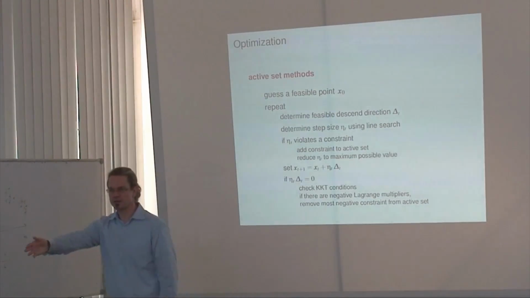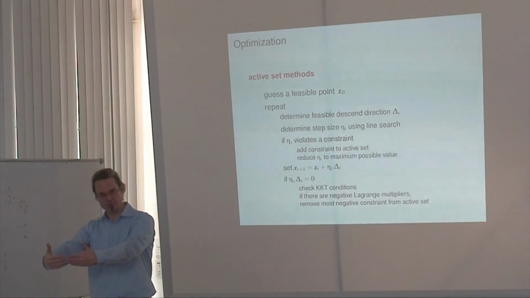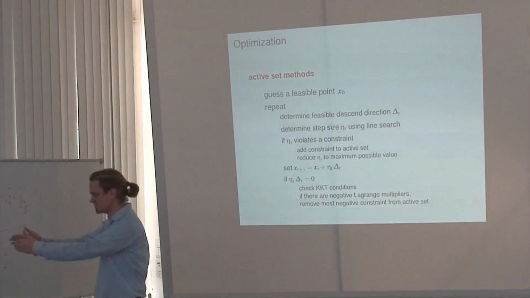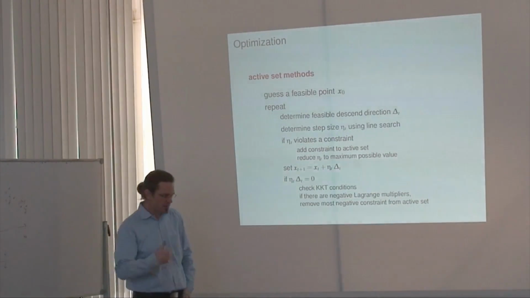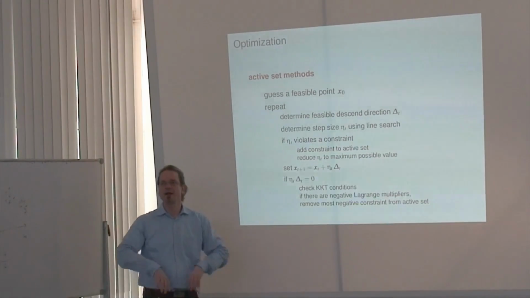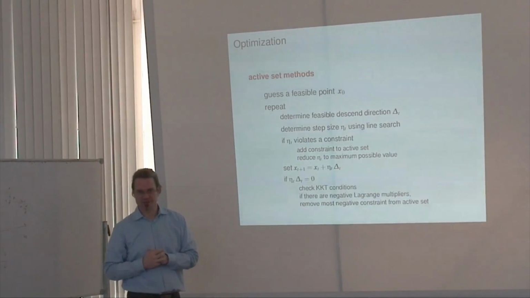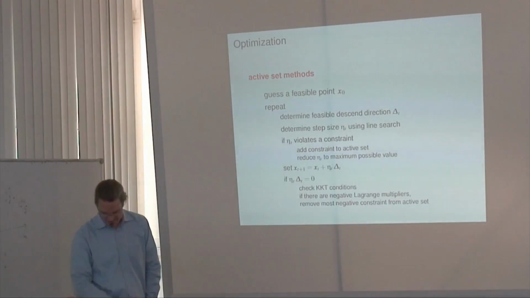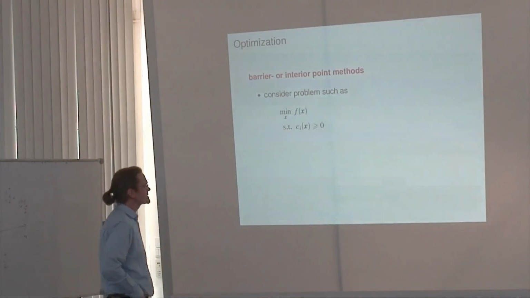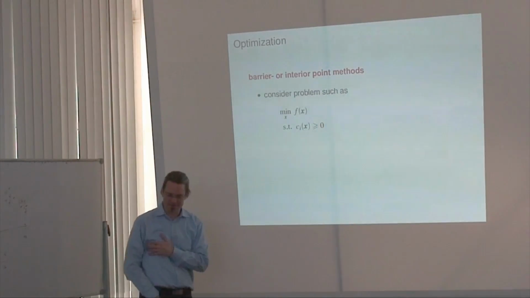We walk along gradients until we hit the next constraint surface. And then we have to walk in some other direction until we hit the next constraint surface. Whenever we hit a constraint surface, our set of active constraints grows. This is why it's called active sets. And that's that. Let's keep it at that.